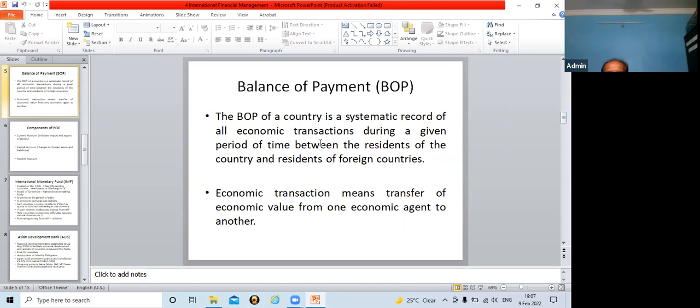Now, resident of country, like say, take example myself. I am having economic transaction with, say, Japan. So between Japan and myself, there is economic transaction. So I might be rendering some services to Japan.